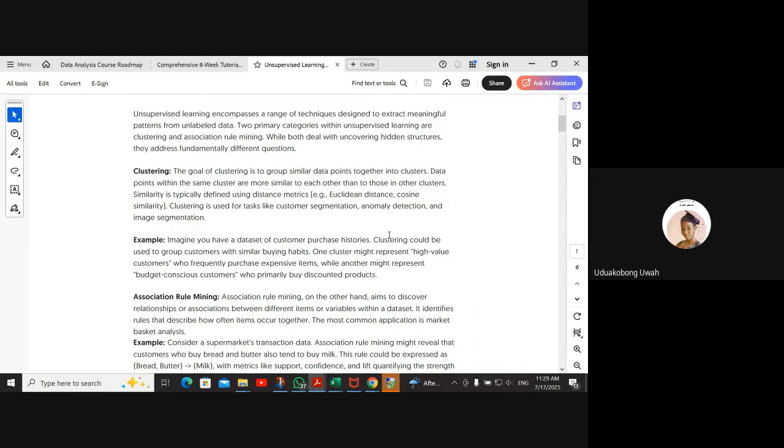Clustering could be used to group customers with similar buying habits. One cluster might represent high value customers who frequently purchase expensive items, while another might represent budget conscious customers who primarily buy discounted products.